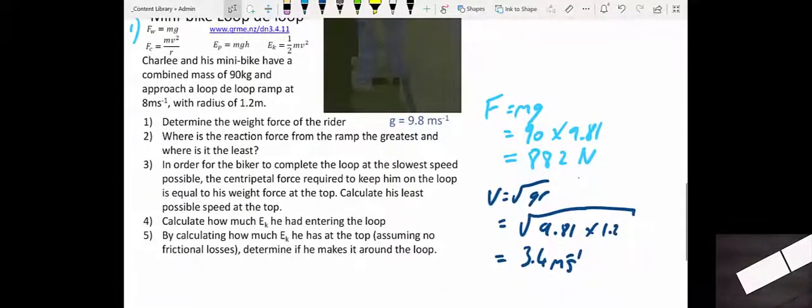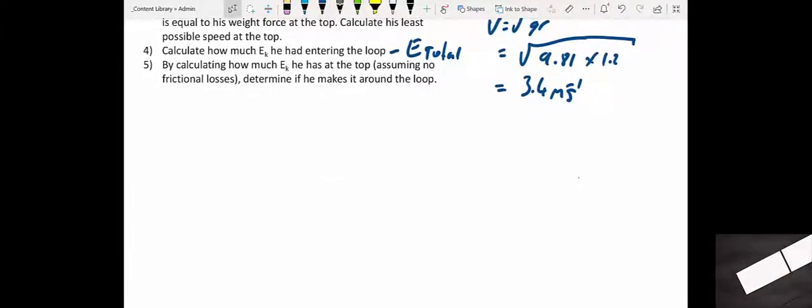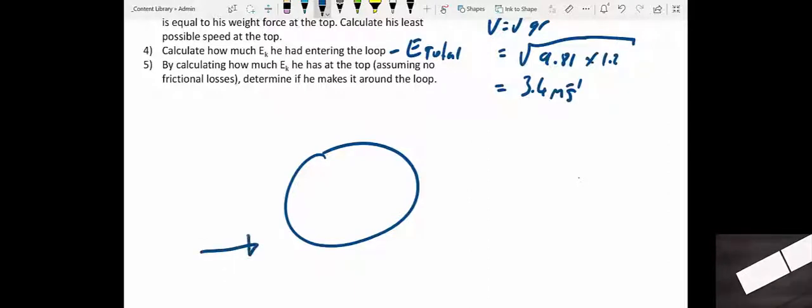Calculate how much EK he has entering the loop. Another way of saying this is, what is E total? Going into the loop, how much kinetic energy do we have? Really what we're saying is, what is the EK top and how much EP has he gained?